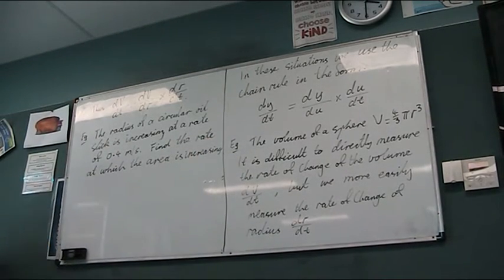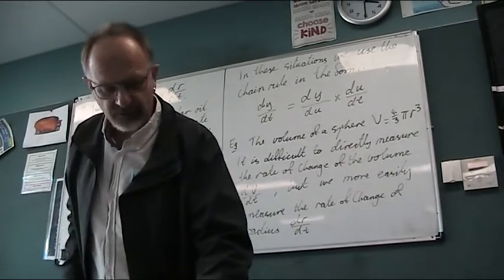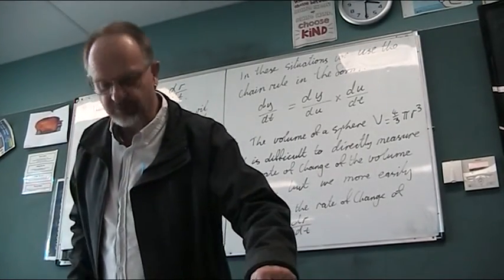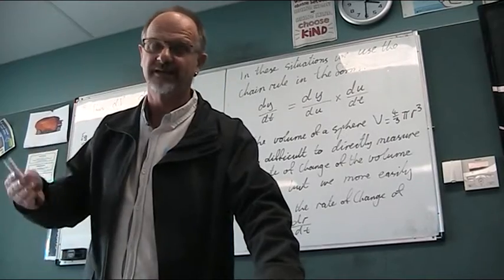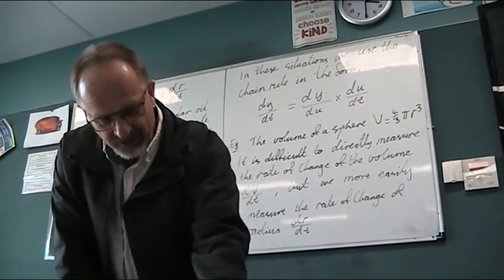To measure the area directly is going to be quite tricky. In fact, what we would have to do is measure the radius and then use that to find the area.